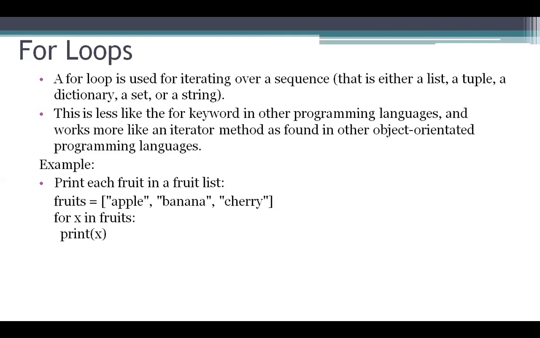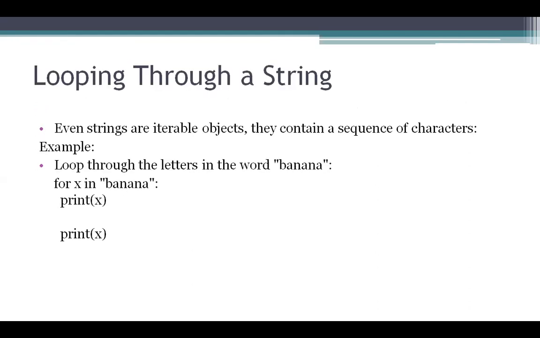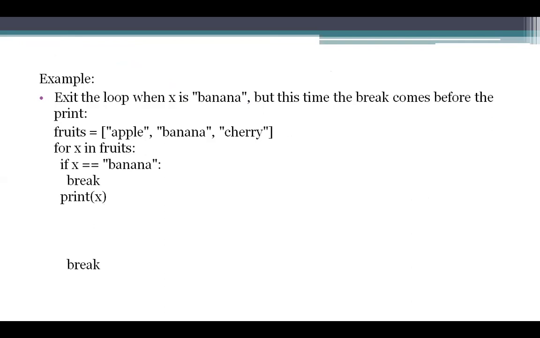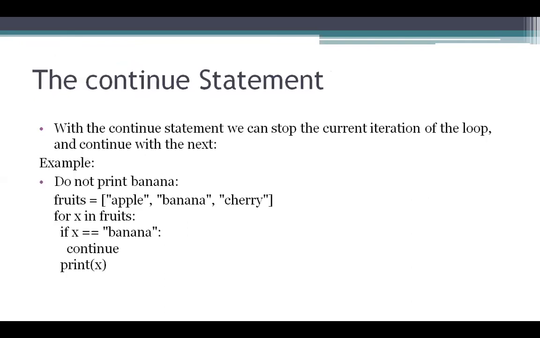The examples we have seen: printing the tuple elements and string characters one by one, putting a break once a particular element was found, and continuing with the help of the continue statement.